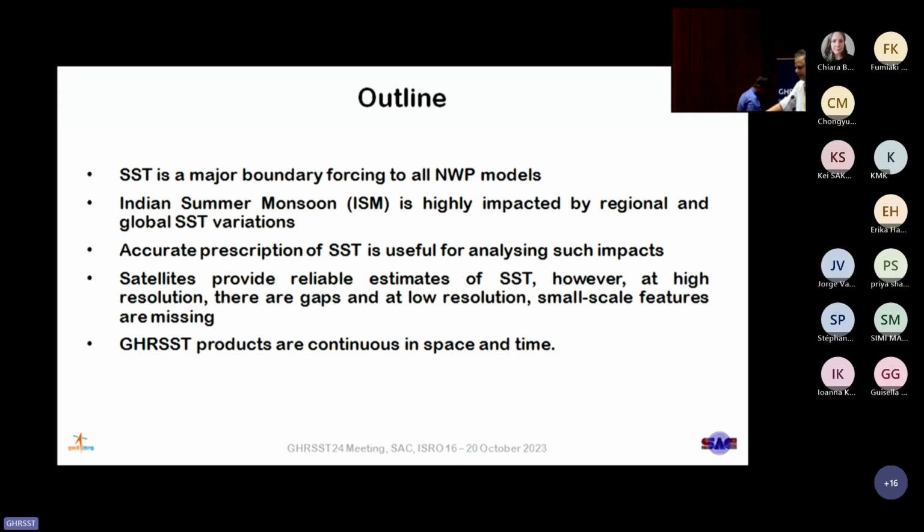However, at high resolutions, there are data gaps due to cloud, and at low resolution from microwave, you miss fine scale features. GHRSST data products actually provide objectively analyzed data sets of sea surface temperature that combine the satellite and in situ measurements, and we get continuous data in space and time, which are useful for such applications in the numerical weather prediction models.